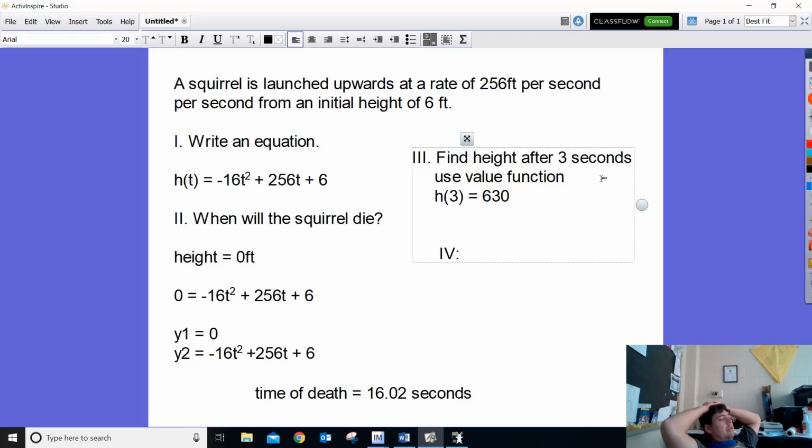What did you do, Grant? I don't know. Where did you put a 3 in at? Second trace, value. And I type 3 and press enter. And what did it say y was? It said y was 0. Oh. You did not do what you said you did.